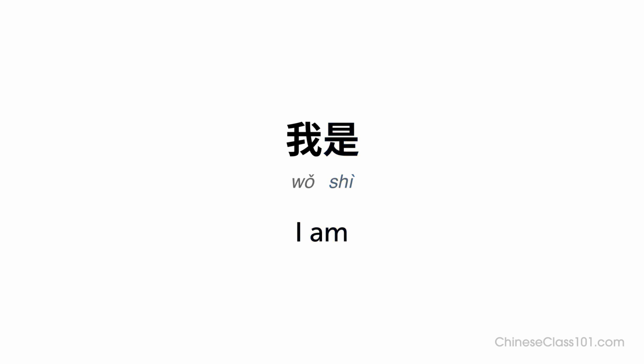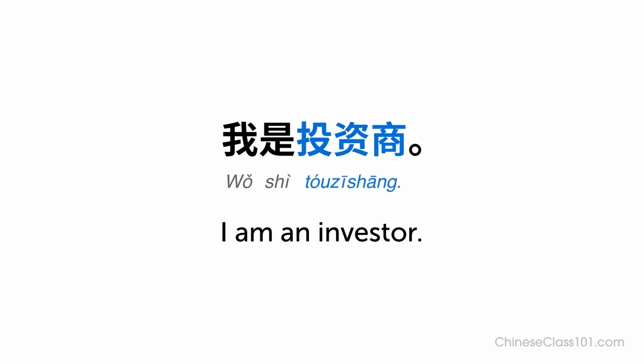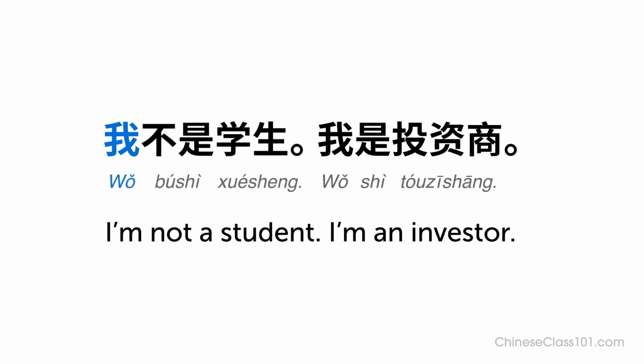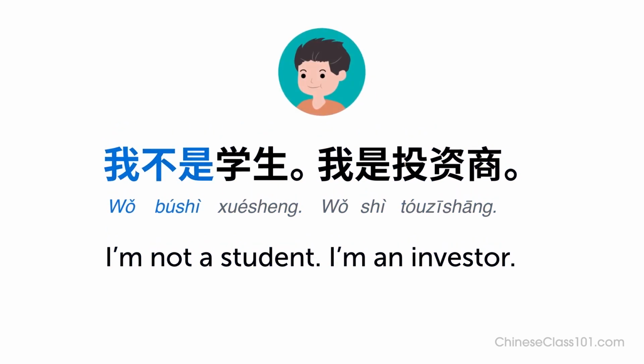After this is 投资商, investor. Altogether, it's 我不是学生，我是投资商。I'm not a student. I'm an investor.